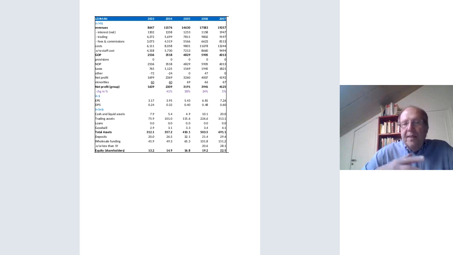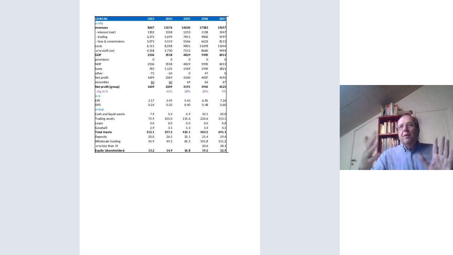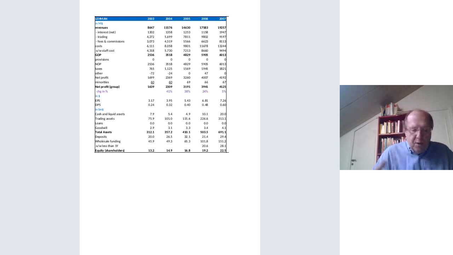And this is a model on which you are very dependent on wholesale. Obviously, they try to limit the less than 1 year component, so it's nice, but they have a very huge dependence on the market. So even if the market is prepared to lend to them, they need a lot of money in order to support their functioning.